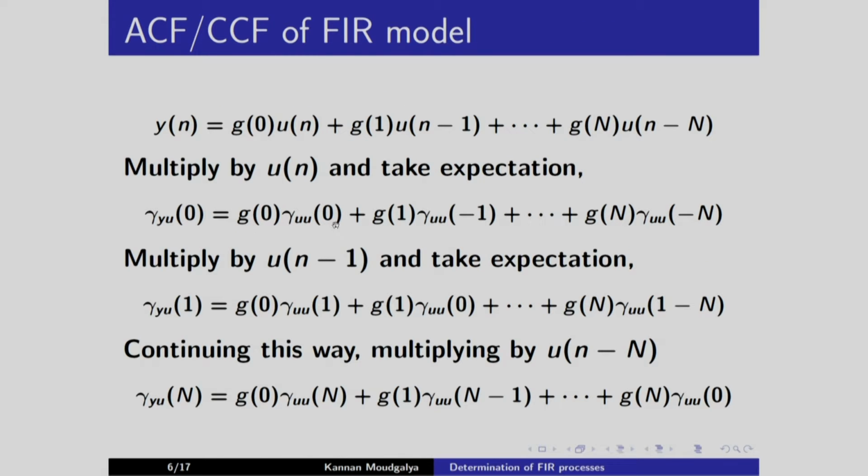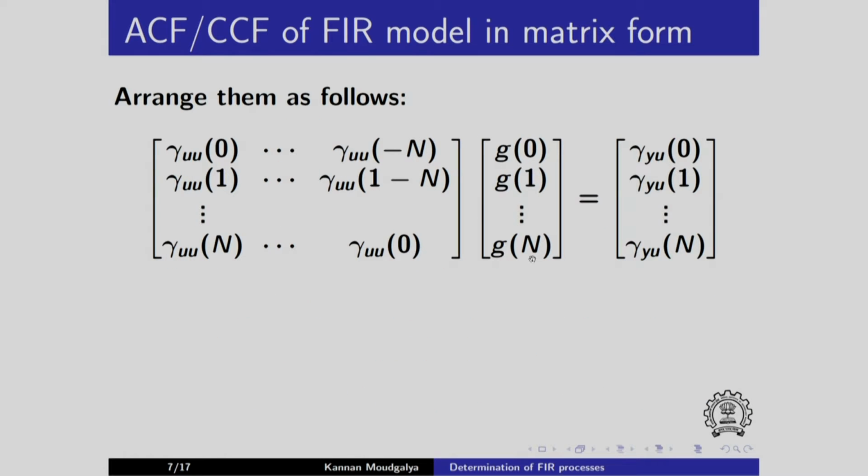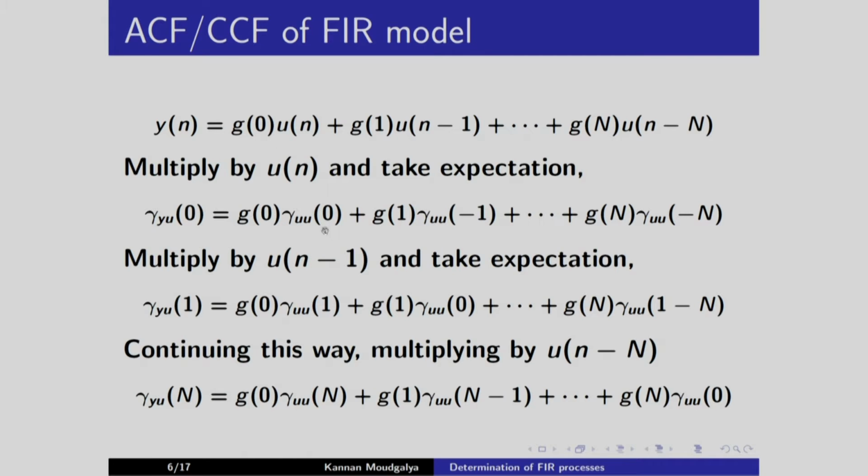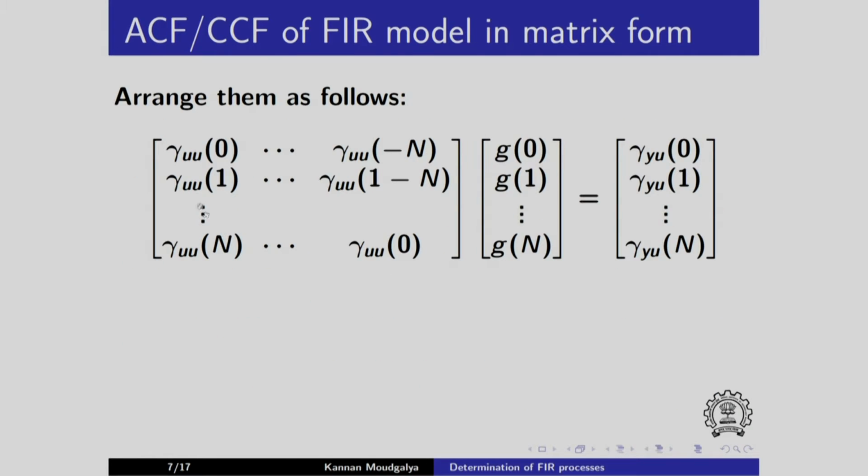G0 times gamma u of 0, G0, G1, Gn, which we had as the vector here, and this vector multiplies this row vector 0 to minus n. You can see here 0 to minus n. The next one, of course, we started with 1 and ended at 1 minus n, which is what we have.